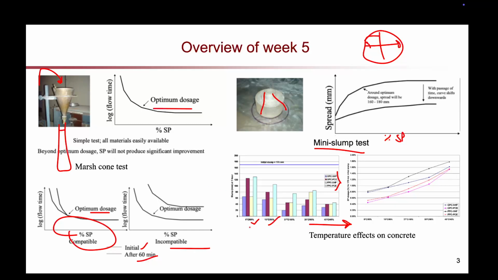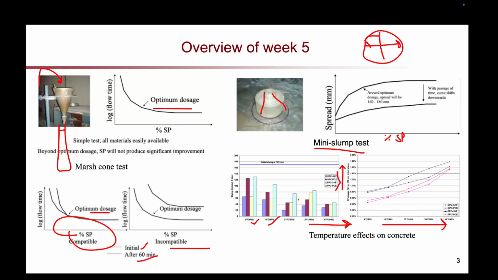In case of OPC also, your PCE based superplasticizer has varying variation, and the same way for the other two. So if we talk about temperature versus superplasticizer dosage, with increase in your temperature, the superplasticizer dosage required will also increase to give a particular amount of slump value.